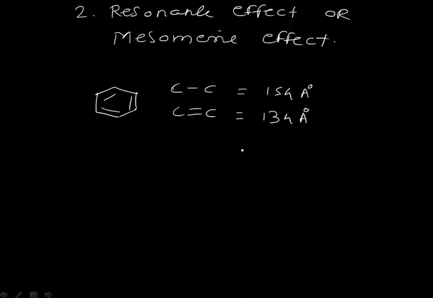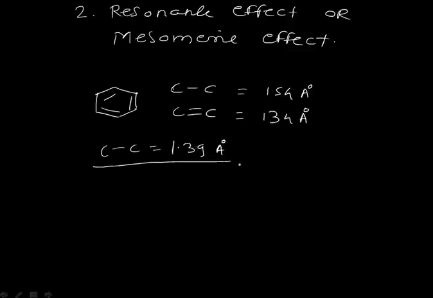But actually it was observed that the carbon carbon bond length in benzene is 1.39 angstrom. All the carbon carbon bond lengths in benzene are observed to be 1.39 angstrom. This is on the basis of X-ray crystallographic measurements, and it was observed that there is neither a carbon carbon single bond nor a carbon carbon double bond type of bond length. It is in between, 1.39 angstrom.